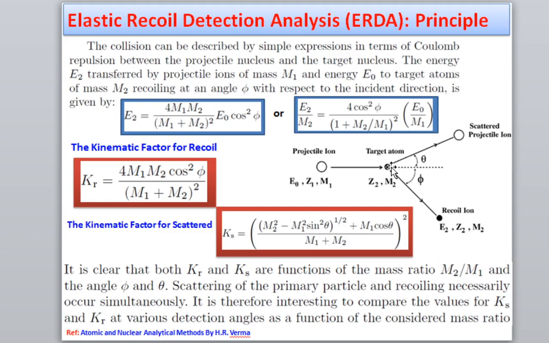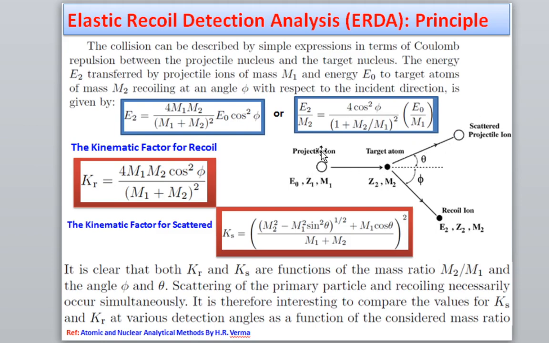That is why M2 and Z2 recoil with a different energy, which will be different from E0. Let us say this is the E2 energy, because it corresponds to the second atom, so I have written recoil energy. After that, the projectile may also scatter from the target atom in this direction.